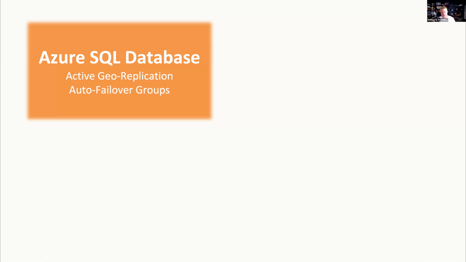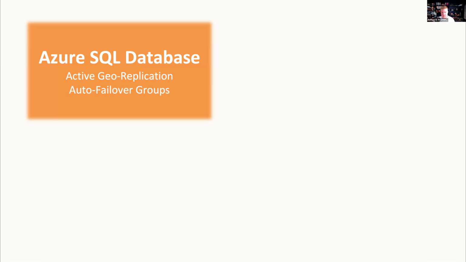So Azure SQL Database has the ability to have geo-replication, right? It can have up to 4 readable secondaries inside of a SQL database. Well, that's built on top of an availability group implementation, but that's abstracted from you because you're consuming that as a cloud service.